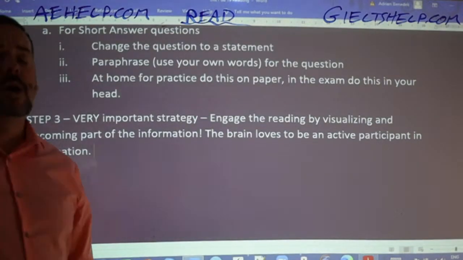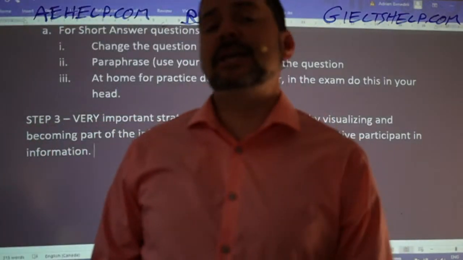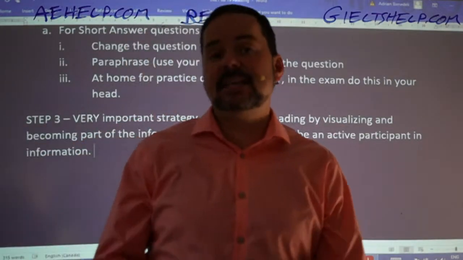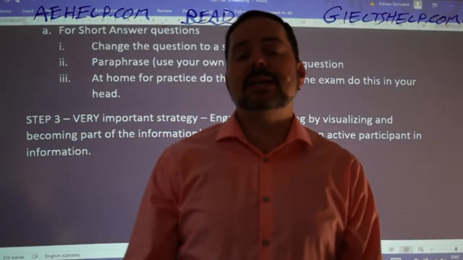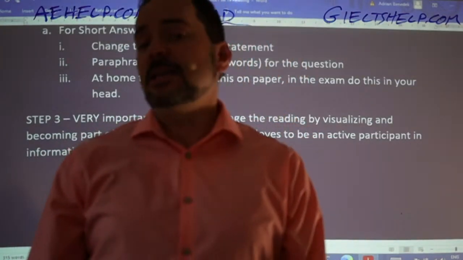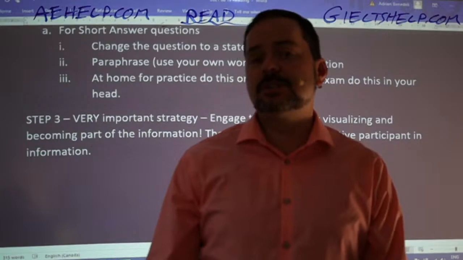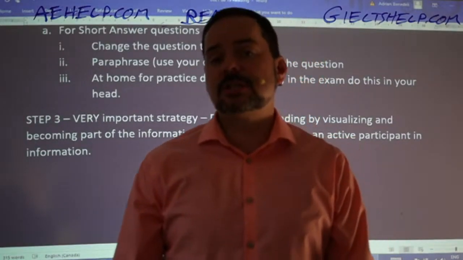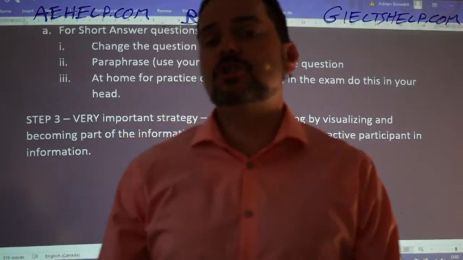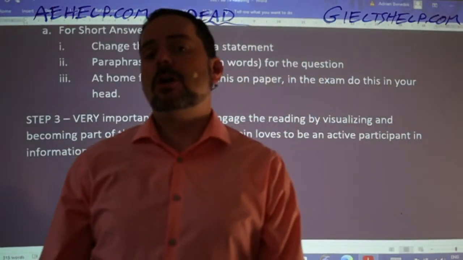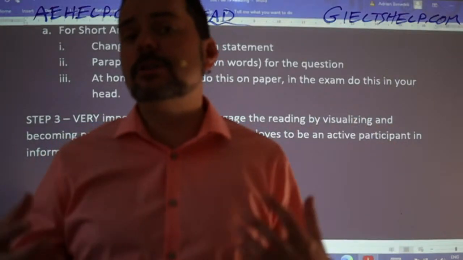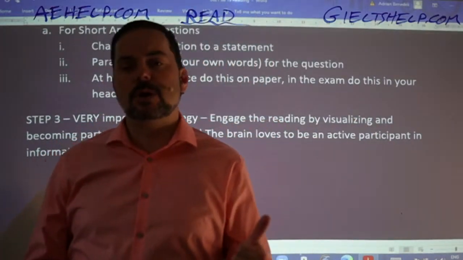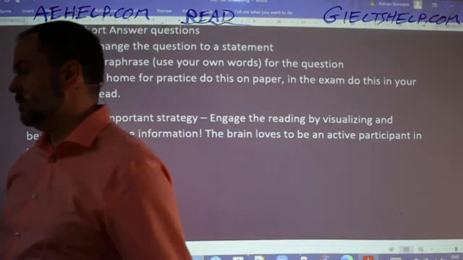So when you trick your brain into thinking that it is the information, it will be much more effective in calculating, understanding, comprehending, even if you don't know all the words, even if not all of the grammar is clear. Your brain will work much, much better and much harder to figure out and understand it when it feels that it's part of the information. Is that clear, everyone? That's a really important tip for reading, okay?